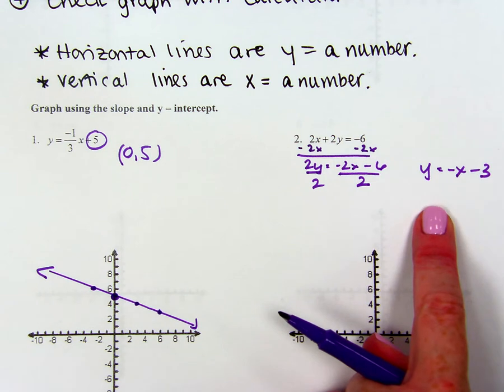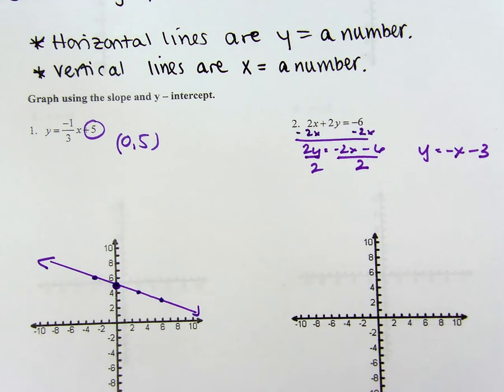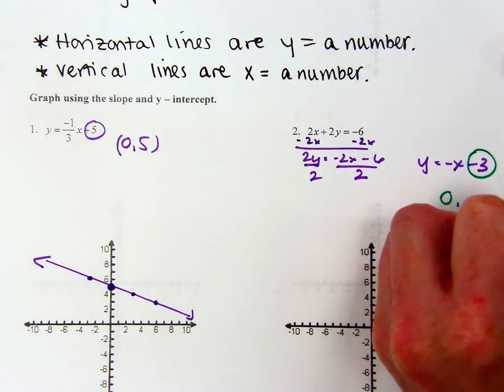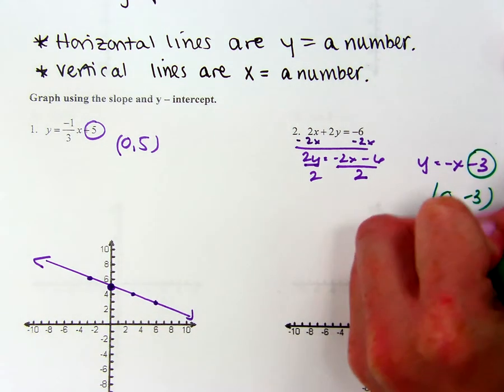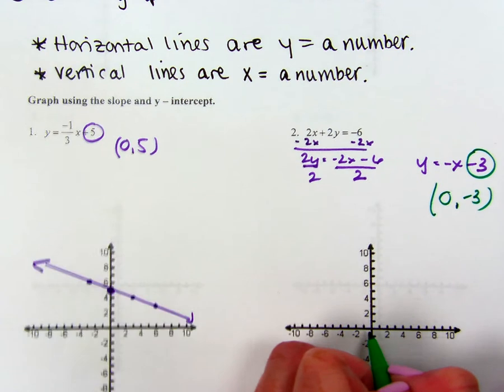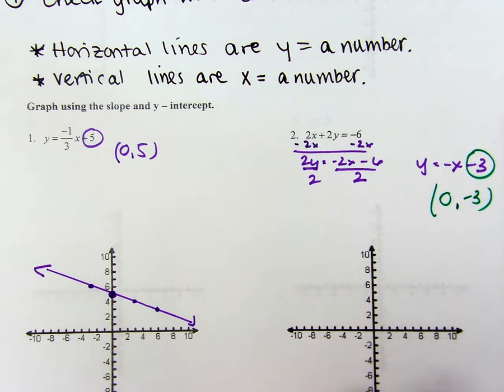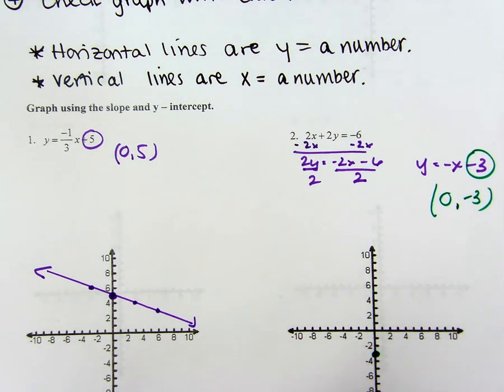The first thing I'm going to do is start with my y-intercept. I look at my b there, and my ordered pair will be (0, -3). So I go left or right 0, and down 3. Here's my y-intercept, and now I look for my slope.